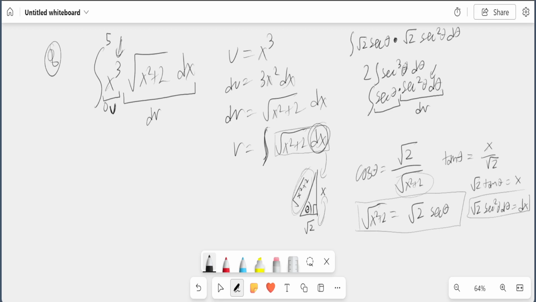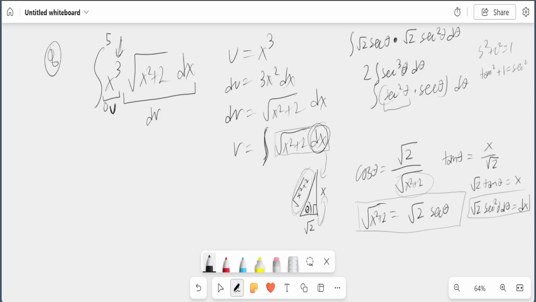So this is why he actually makes you know this. He'll ask you how to do secant cubed theta d theta. Actually, how about this? Instead of doing parts, another way that's probably easier: it's secant squared theta times secant theta, right? We know that sine squared plus cosine squared is equal to 1, so tangent squared plus 1 is equal to secant squared.